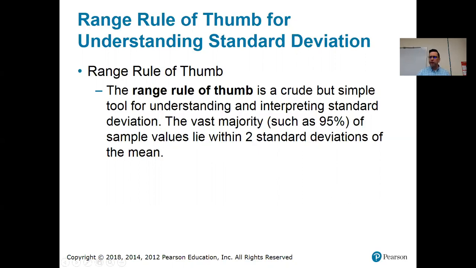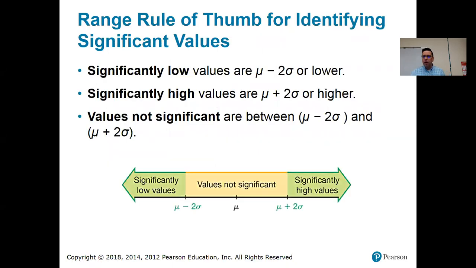So let me explain to you what that means exactly. And we'll do that in a minute. Okay? So since the vast majority of your data is within 2 standard deviations of the mean, anything outside that range is going to be considered unusual, unusually high or unusually low.